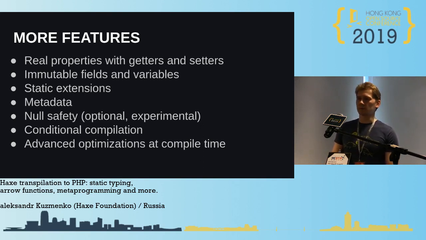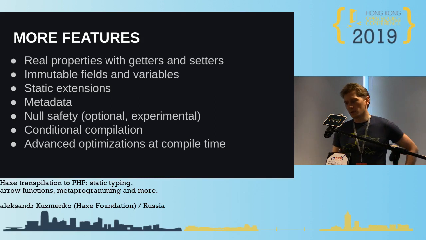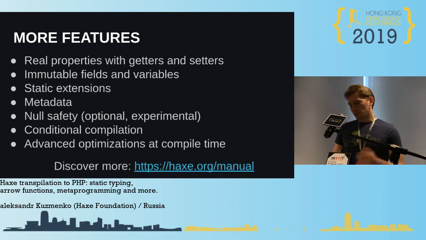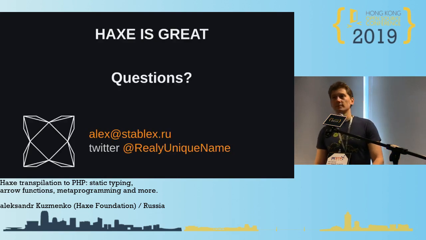For example, I've implemented the A-star algorithm. It's not a common task in PHP, just a test I did. And because of Haxe's performance optimizations in the generated code, the Haxe-compiled PHP code executed about 3 times faster than manually written PHP code. You can discover more features in the official Haxe manual, and that's all.